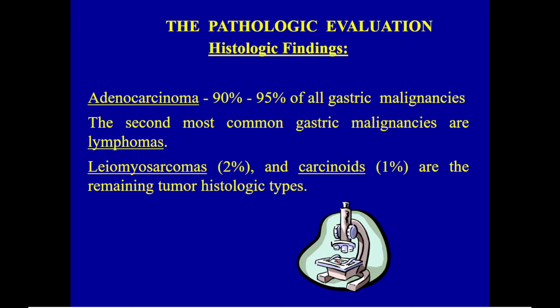The second most common gastric malignancies are lymphomas. Leiomyosarcomas, 2%, and carcinoids, 1%, are the remaining tumor histologic types.